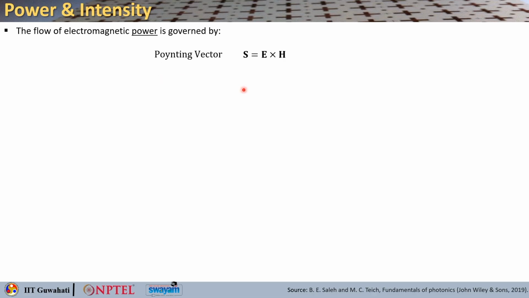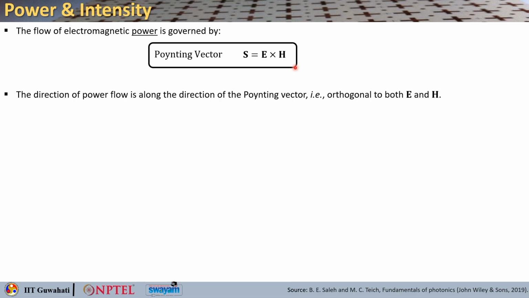Next, we will look into some of the properties of the electromagnetic waves, something like power and intensity. When you say the flow of electromagnetic power, it is governed by the Poynting vector S, which is obtained as a cross product of the electric and the magnetic field, and the direction of the power flow will be orthogonal to both E and H. So, it is something like you take the cross product.